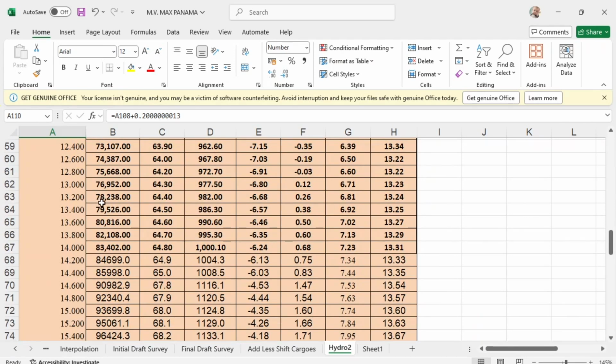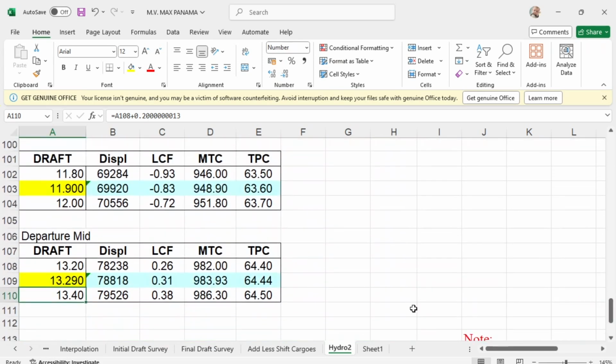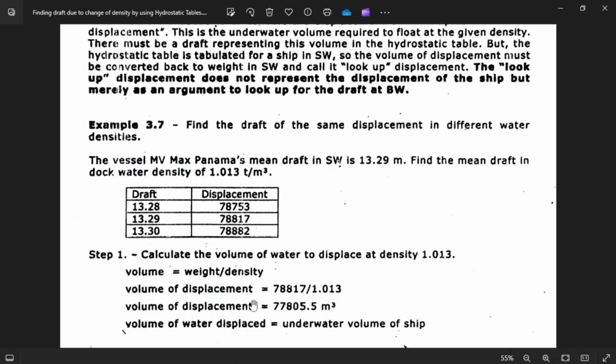In between here, 7818. But according to the solution in the problem, the displacement is 78817. Okay, we'll just stick to this displacement of 78817.